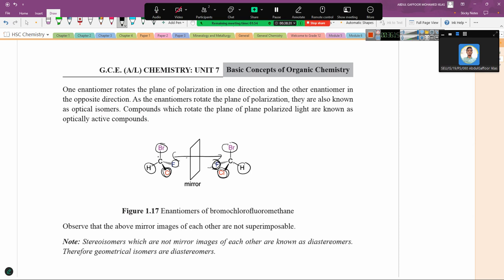How can I explain this? For example, you have an object like this, right? Let's consider this as our hand. Let's say this is going to be our thumb, and this is kind of small finger.